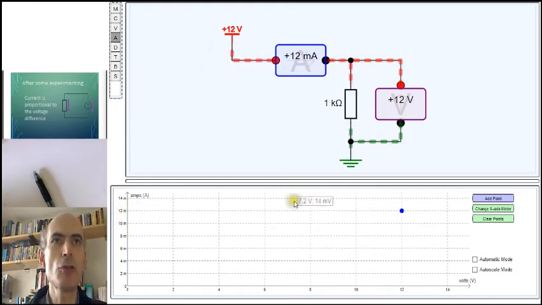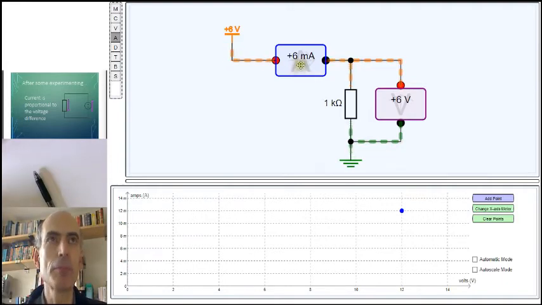If we change the voltage across the resistor, maybe we halve it down to 6 volts, then the current halves as well to 6 milliamps at that point there. We could say at 9 volts across the resistor, 9 milliamps goes through. At 3 volts across the resistor, 3 milliamps flows through.